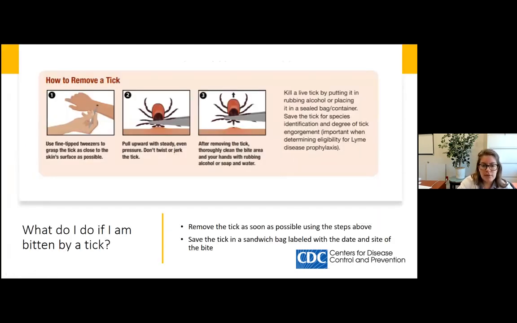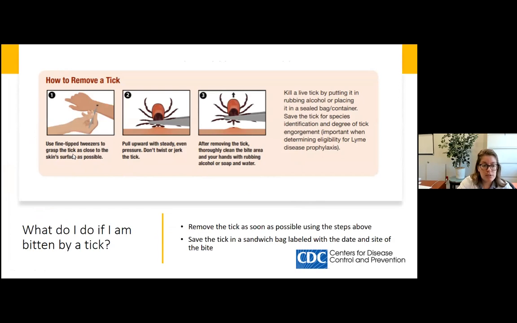In terms of tick bites, if you're bitten by a tick, you're not necessarily going to get Lyme disease from the tick, but the likelihood increases the longer that the tick is attached to your body. So this is guidance on how to remove a tick if it lands on you.